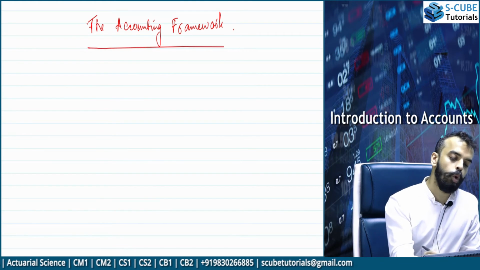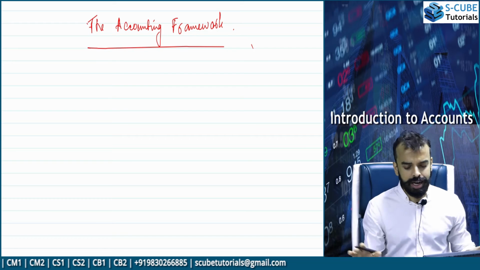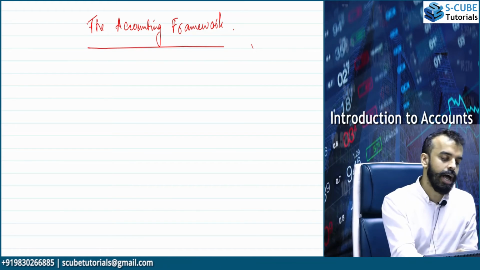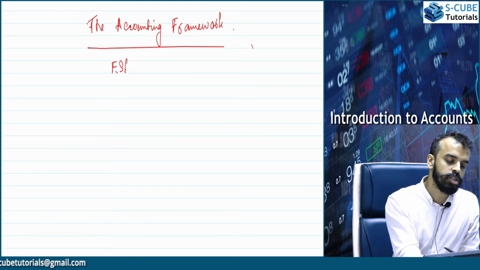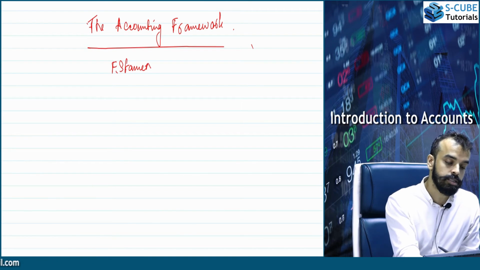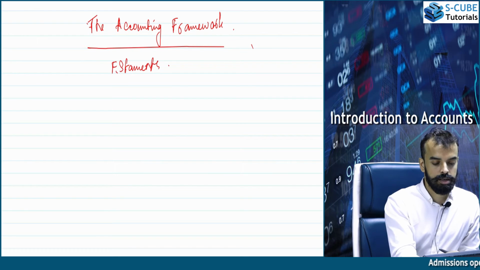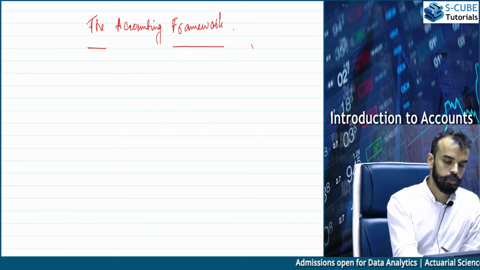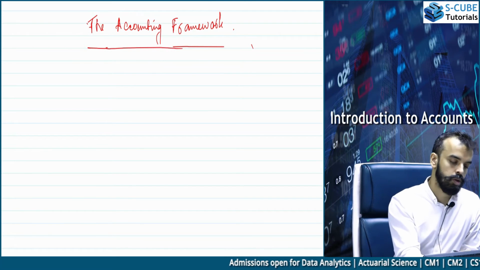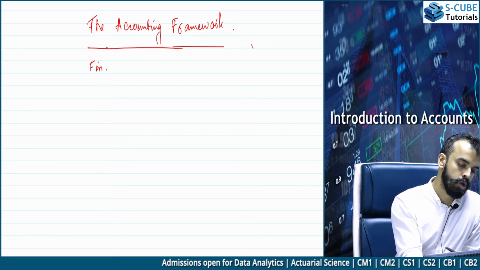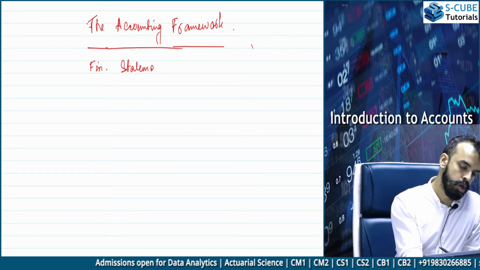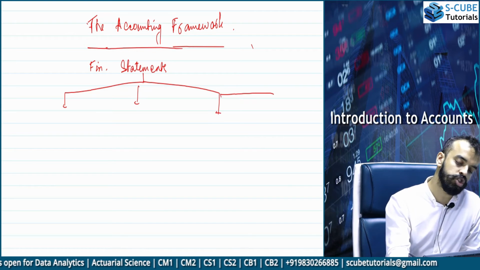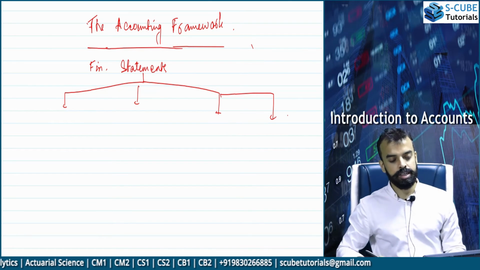Let me tell you, globally across all countries or most of the countries, we see that the financial statements, I use the term financial statements, comprise these four things. Which are the four things which are constituents of a financial statement?